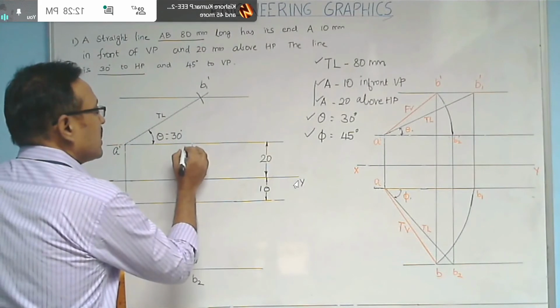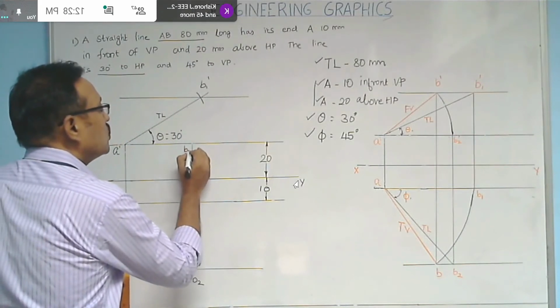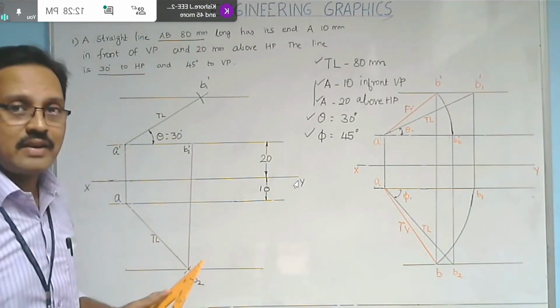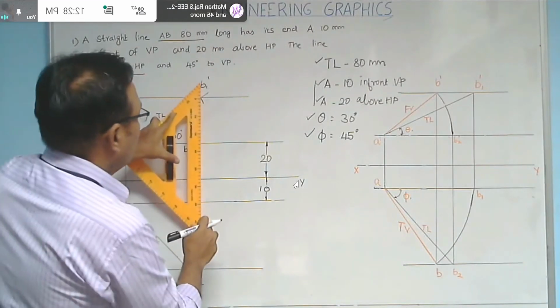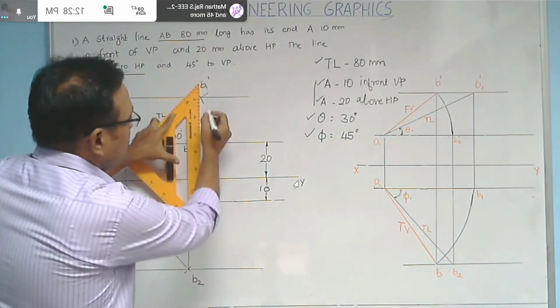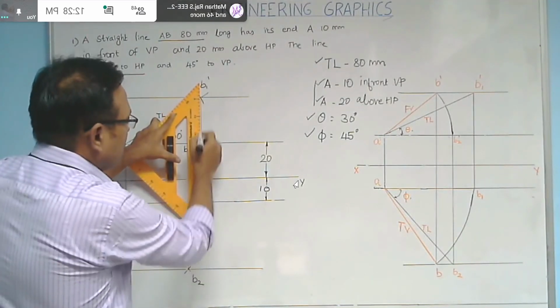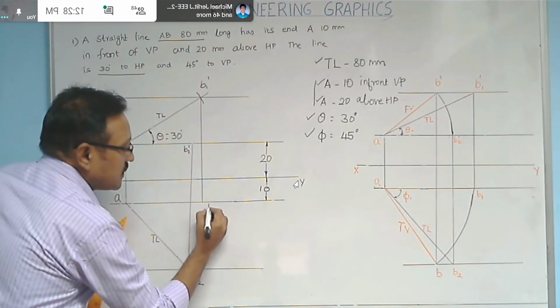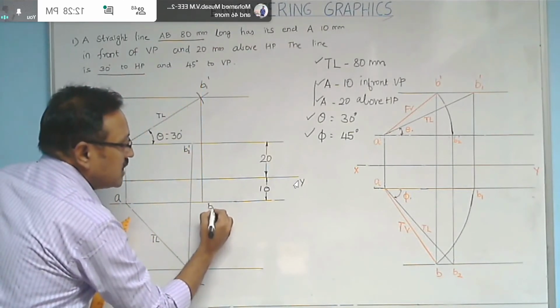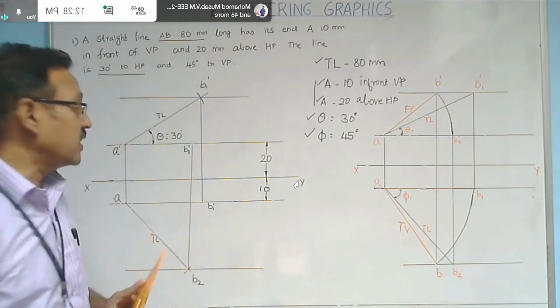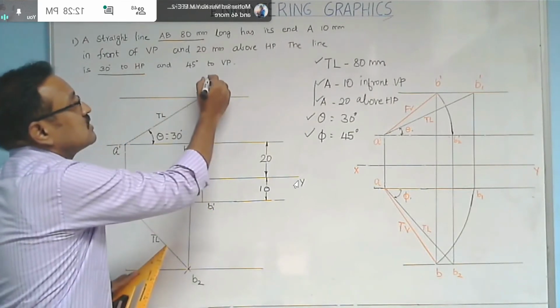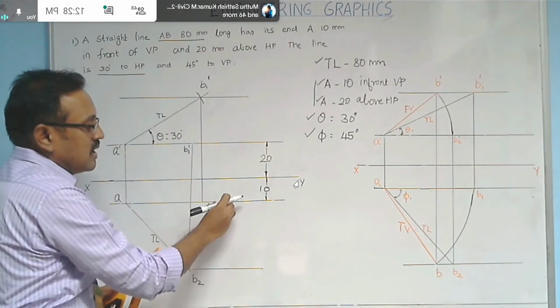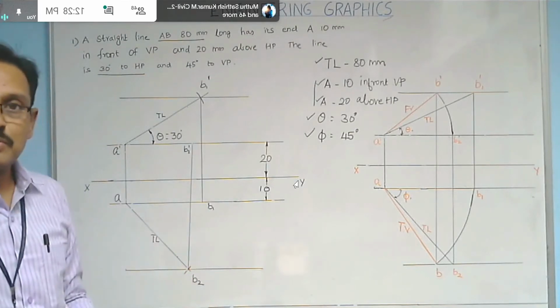So this one is B2 dash. Then similarly from B1 dash, you project a vertical line to the opposite locus. So this should be B1.